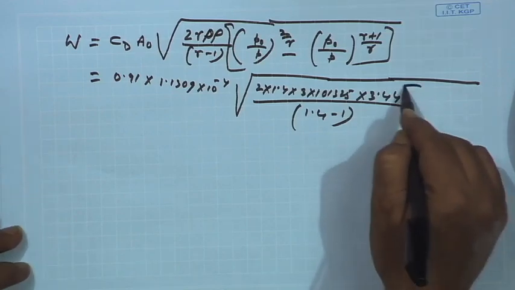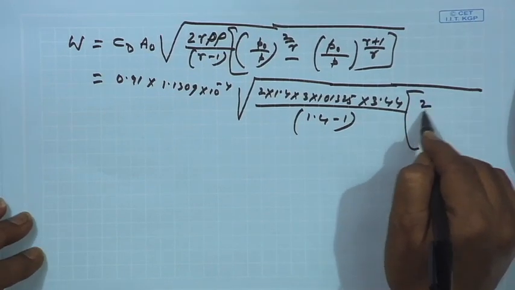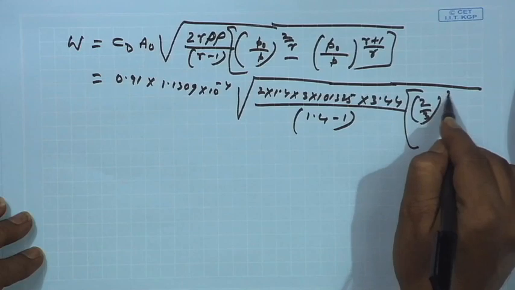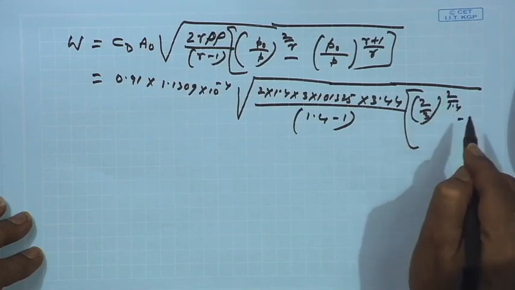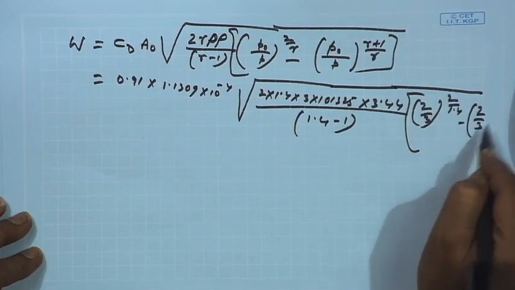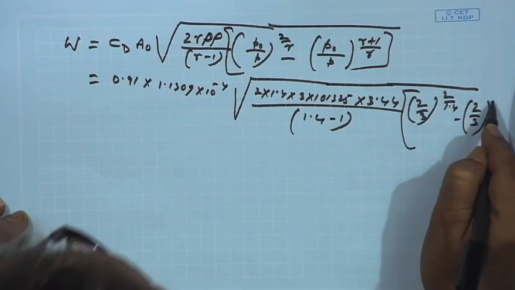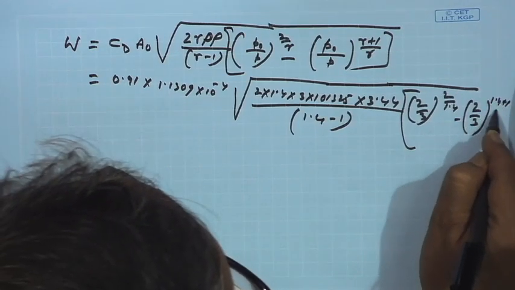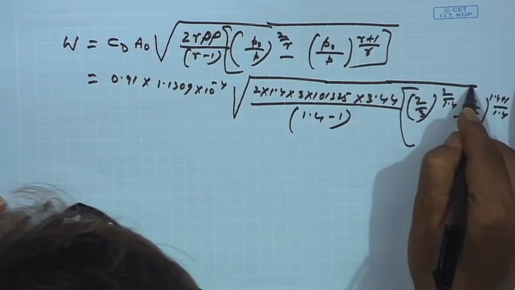This times 2 by 3 to the power 2 by 1.4 minus 2 by 3 to the power 1.4 plus 1 by 1.4, right?